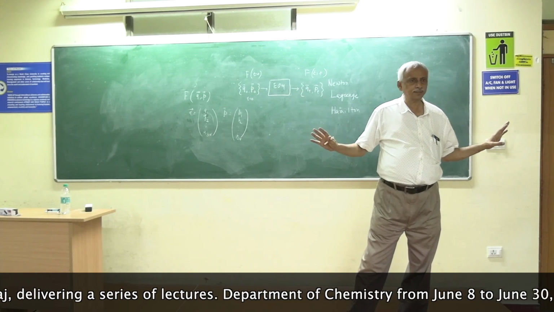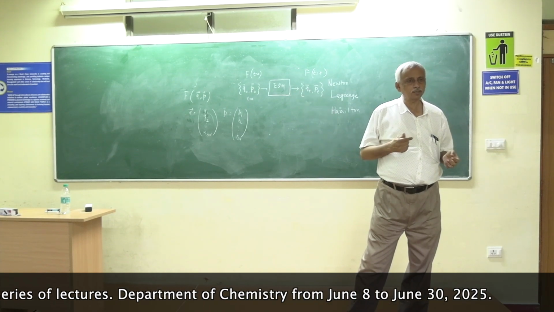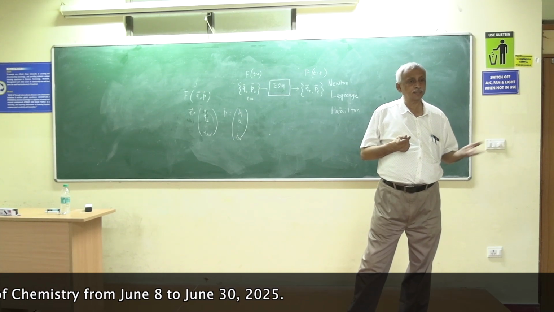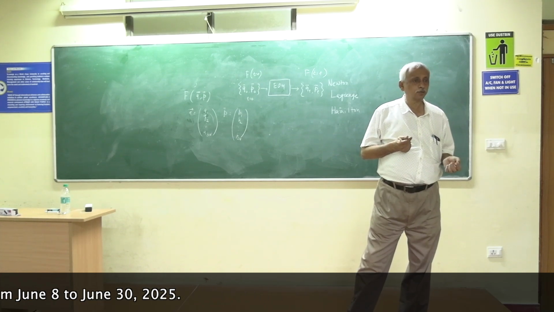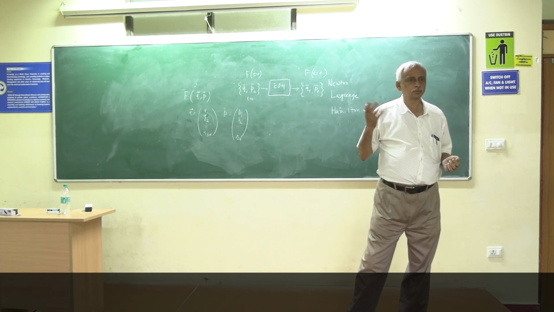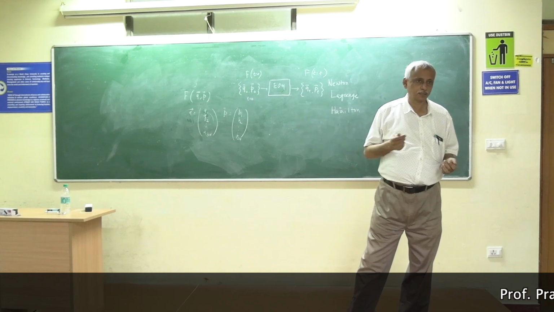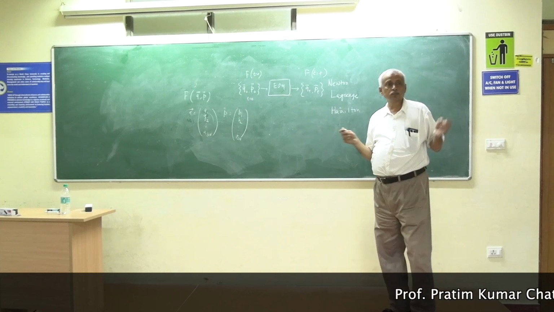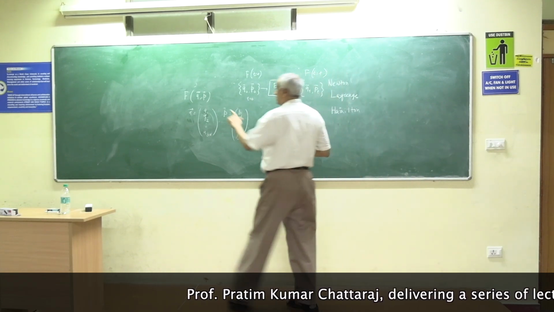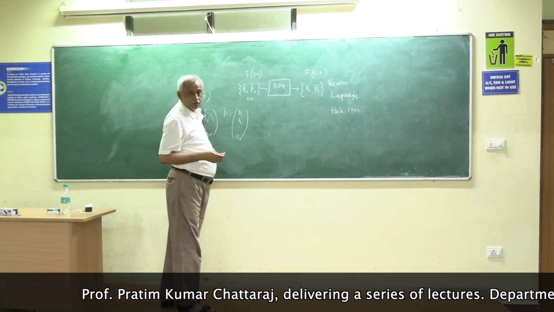Both are equally valid, depending on your choice, but mostly we talk about, say, for bound systems we cover the coordinate representation, and for scattering systems which are free, there we go for momentum representation. So in the coordinate representation, you talk about only one half, either q or p, so we will talk mostly about this q.